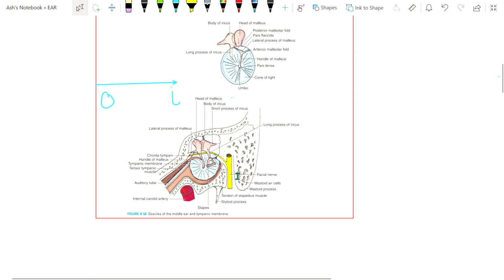One branch, the chorda tympani, is also passing through this side, next to the tympanic membrane and all these bone structures. This is the long process. So these are the structures of different parts of the ear.